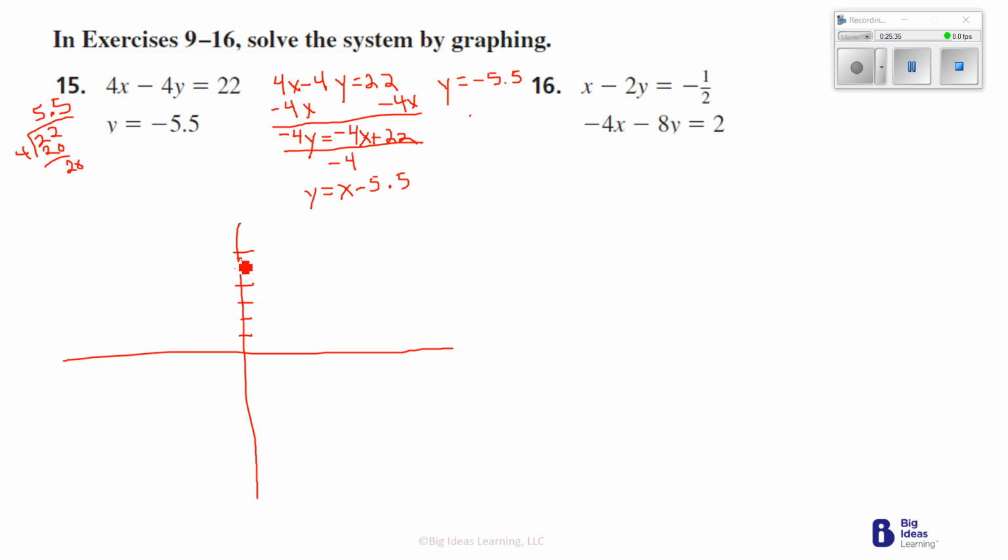That means right about here, 5.5. All right, and it has a slope of 1, right? So basically it's just going up 1 and over 1. So if this is 1, that's a positive, yeah, it'll be about right there. And then on the other side, it'll be about right here.